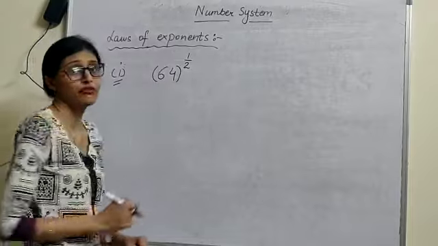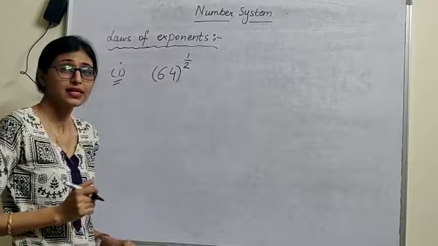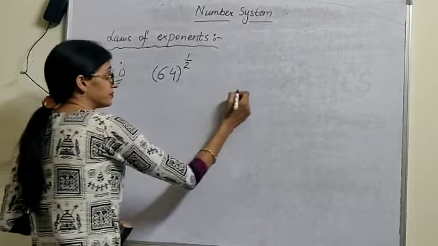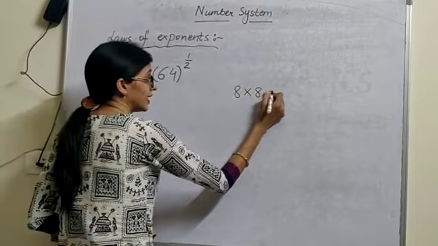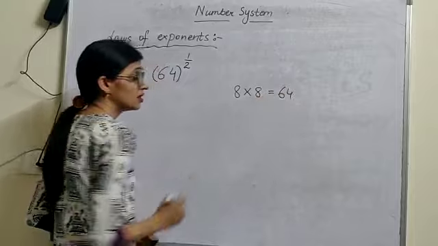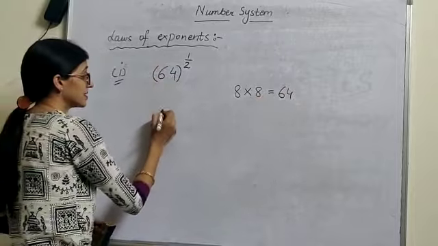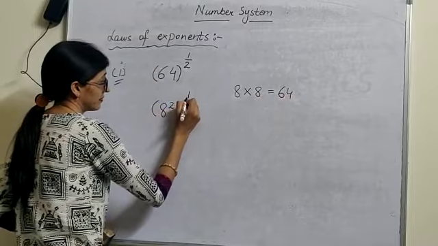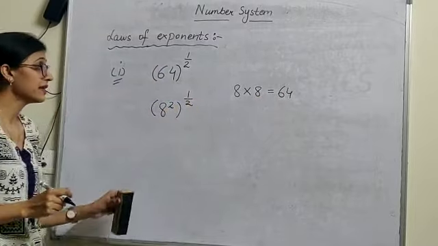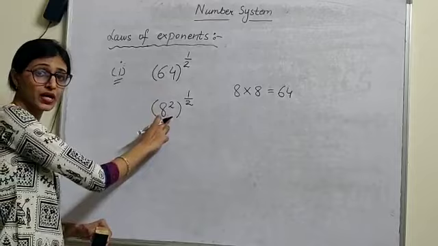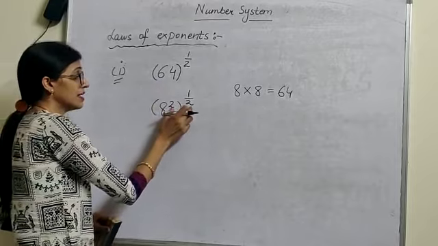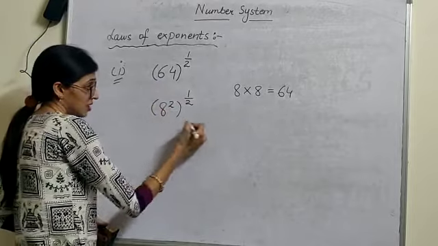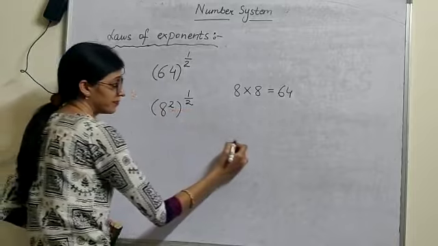Whose square is 64? 8 into 8 is 64. Can I write 64 as 8 square? Okay. Now, this is which form?